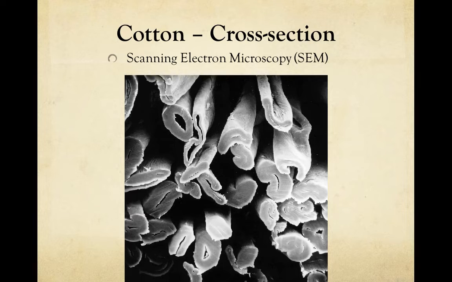See how they each take a general form that is flat and ribbon-like and twisted, but each one is still a little bit different. There aren't any two cotton fibers that quite look the same, even though they do take the same general form. And that's important, and we'll come back to that later.